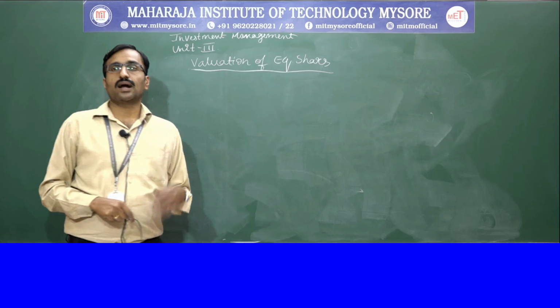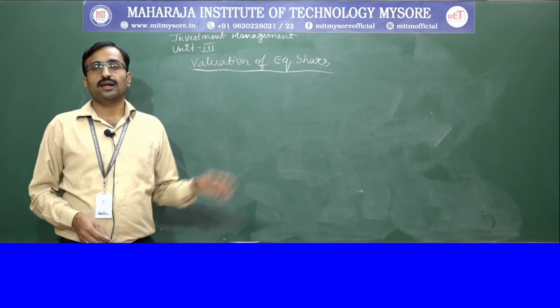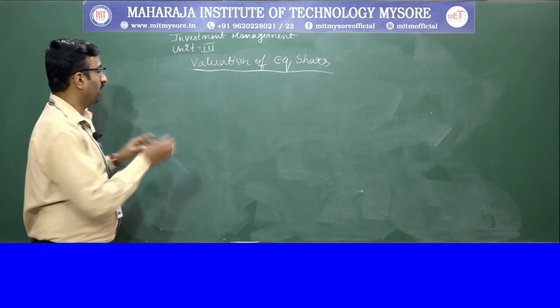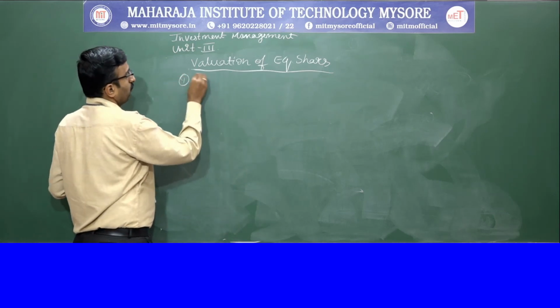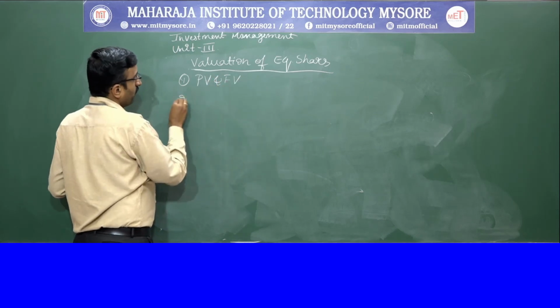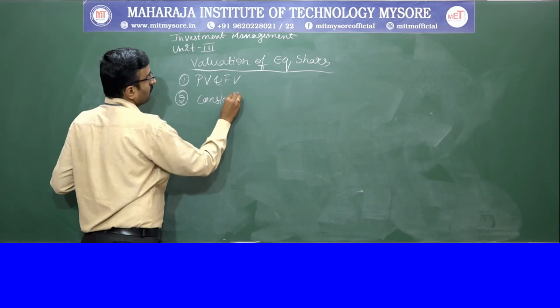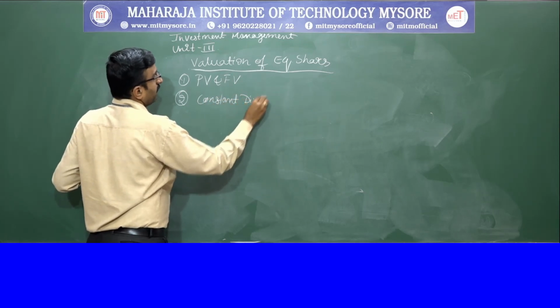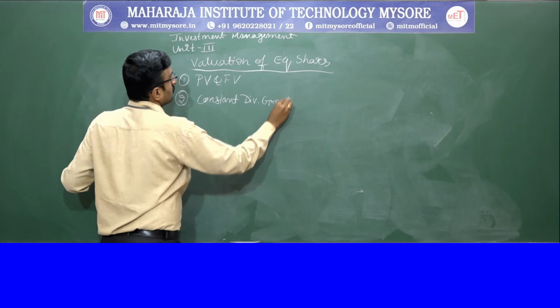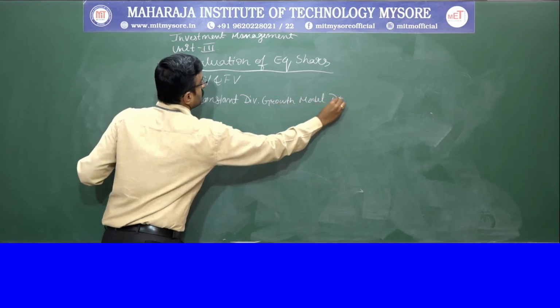Here in order to calculate the equity shares there are so many methods. So we have calculation of equity in terms of present value and future value. We have constant dividend growth model, that is DGM.